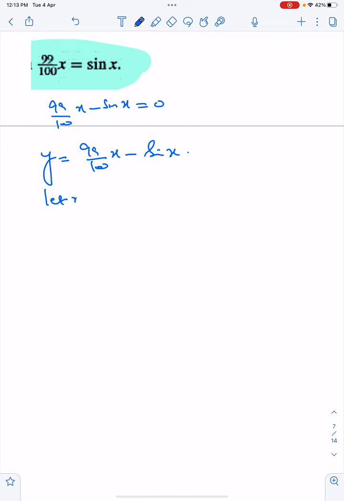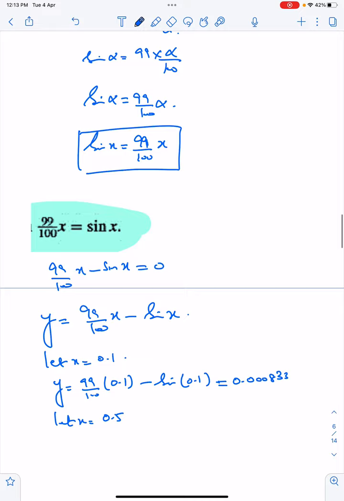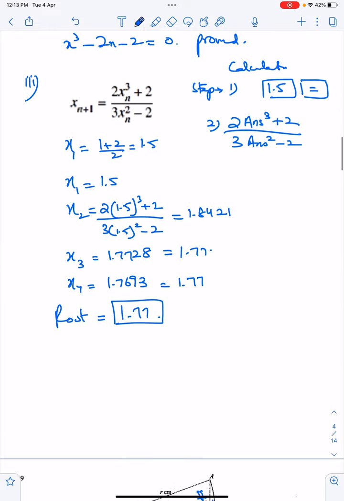Okay, let x equals 0.1. Let's solve this: 99 upon 100 into 0.1 minus sine of 0.1. Let's see whether we get a positive answer or a negative answer in this case. 99 into 0.1 divided by 100 minus sine of 0.1 is giving me minus 0.00833. Now let x equals 0.5, because we have to prove that the root lies between 0.1 and 0.5.